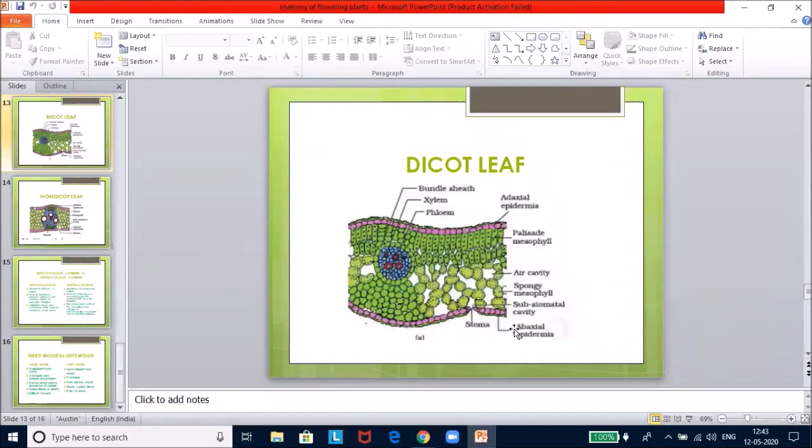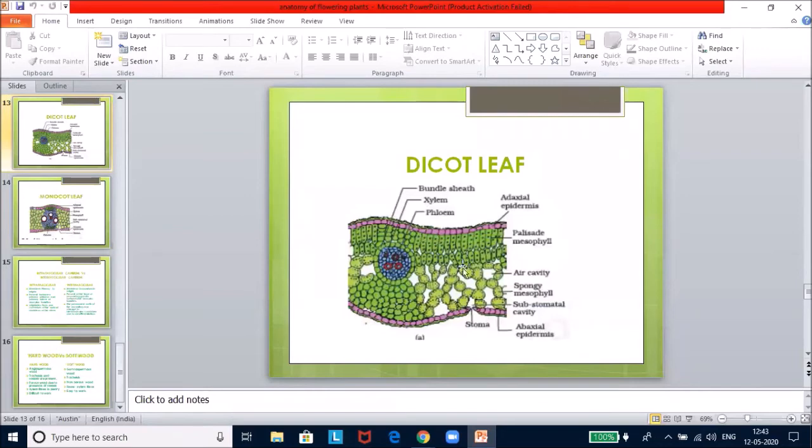That's why a dicot leaf is also called a dorsiventral leaf. Now the lower surface will have more stomata than the upper surface. That is to prevent transpiration. That is why the lower epidermis has more stomata when compared to the upper epidermis.